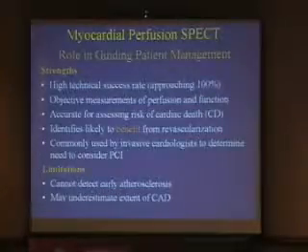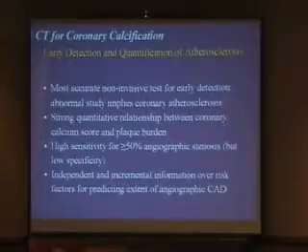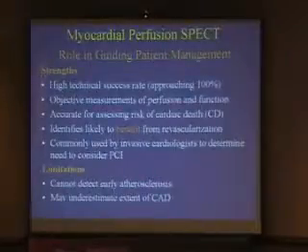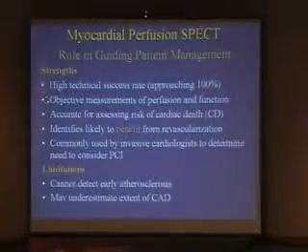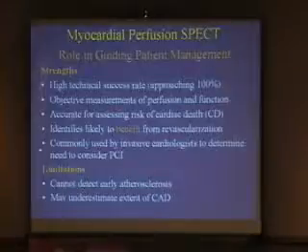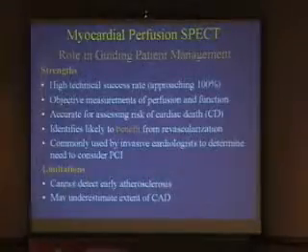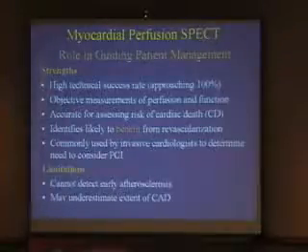Nuclear techniques allow us to identify this benefit, the determination of who can benefit from revascularization. So it's got a high technical success rate. We can objectively quantify ischemia, and it's commonly used, even by the most invasive cardiologists, to determine who needs to consider a PCI.